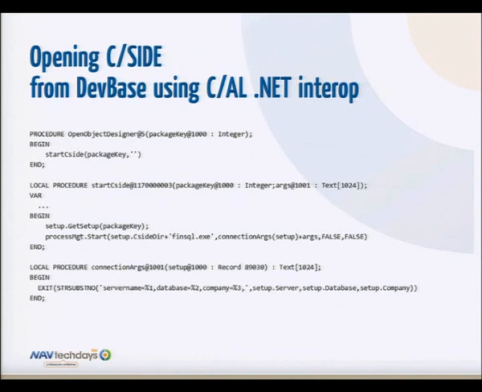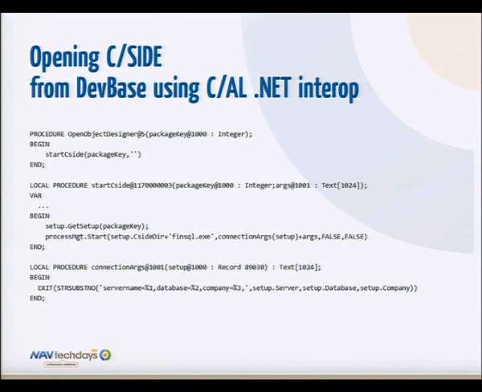Then we launched the designer from within C/SIDE, and we do that using .NET interop, so we call out to a .NET class. We have this helper function here called start C/SIDE, and we pass in what package. Package is the DevBase slang for what country and so on.